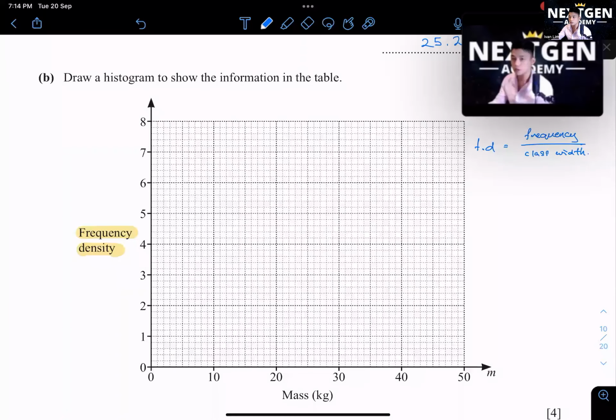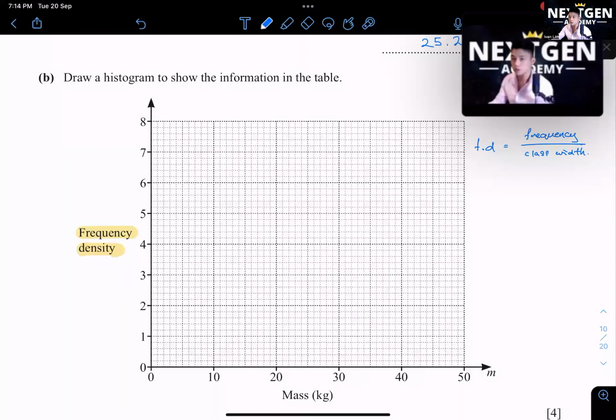So 0 to 10, I will get 1.2. Then 10 to 20, 3.8. 20 to 25, 6.4.